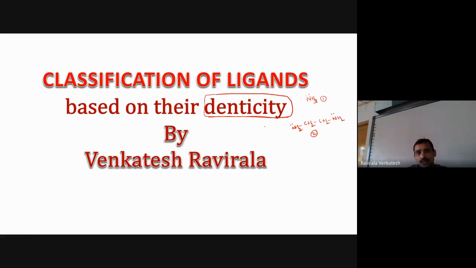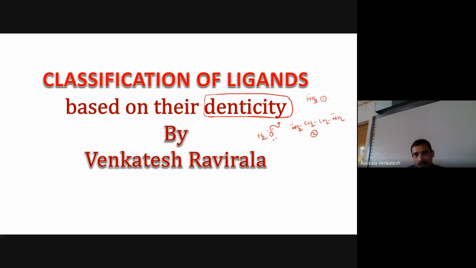That is very simple to understand: denticity is the number of lone pairs that can be donated, not the number of lone pairs present. In the last class I told you water has 2 lone pairs, but it can donate only 1 lone pair.